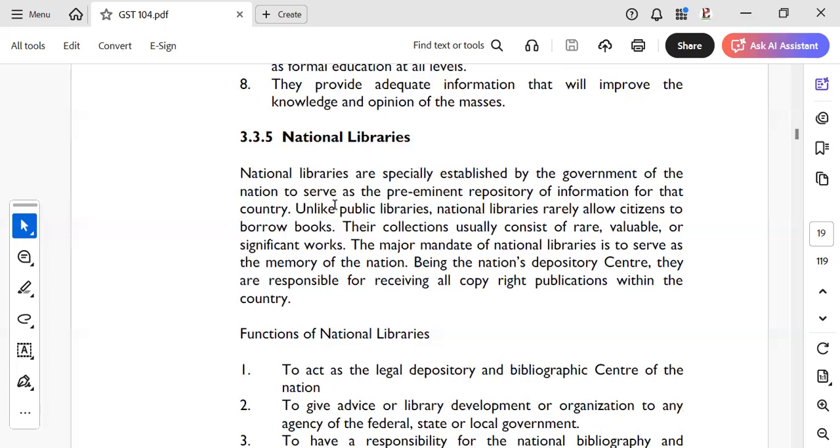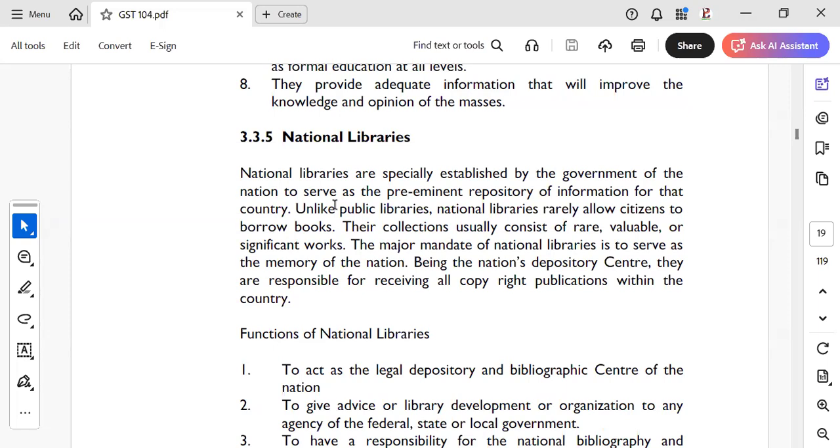So that is for special or research libraries. After that, we talked about school libraries, the one that is meant for primary and secondary school pupils and students. And we moved further from there to talk about public libraries, which is the one that is for the community, a public library for the community. Maybe in your area there is a library there that anybody can walk in, whether you are who or who. That is a public library.